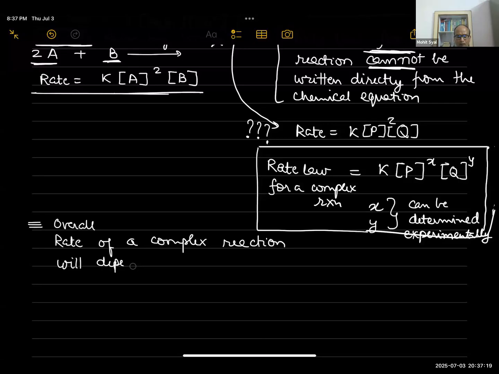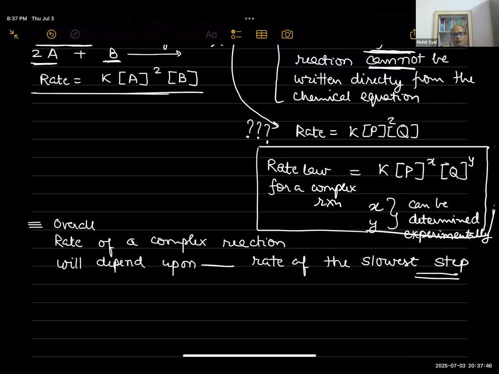The rate will depend upon whom? The slowest reaction, I think. The one which takes the most time, that's the rate determinant. Why is it so? Why, Brian, do you think that it is the case?